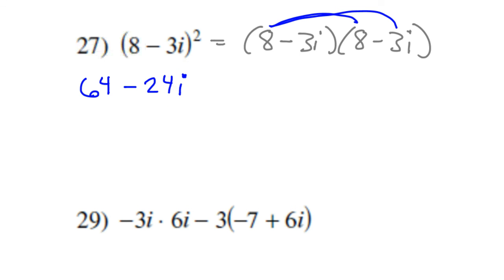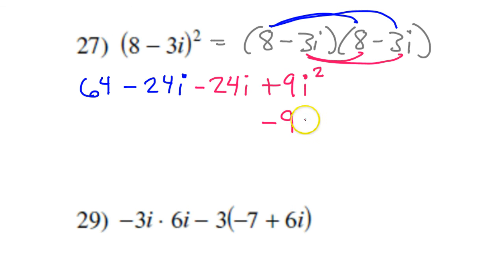And then we will turn around and distribute the negative 3i. Negative 3i times 8 is negative 24i, and negative 3i times negative 3i. Negative 3 times negative 3 is positive 9, but then that's i squared. Because i squared is negative 1, that's going to turn this to a negative 9 with no i's.